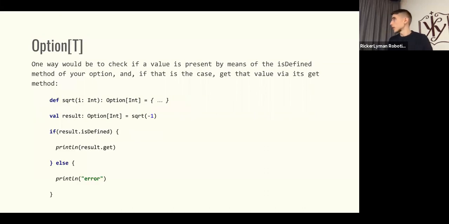One way of dealing with options is to use isDefined and then using a get function. But this is not a very good approach, because if we missed something and we use this get, it will return null, and nulls are bad. Everybody knows that.